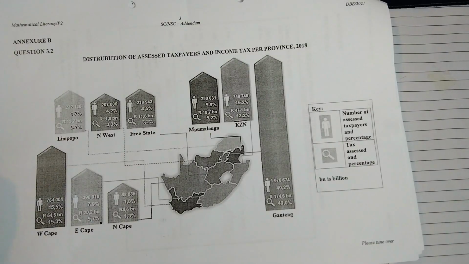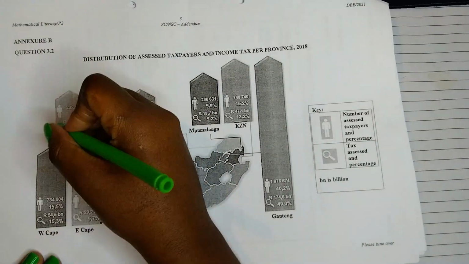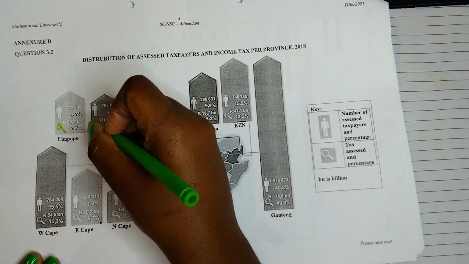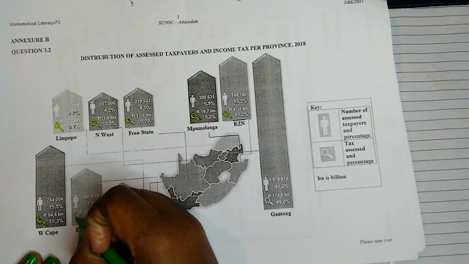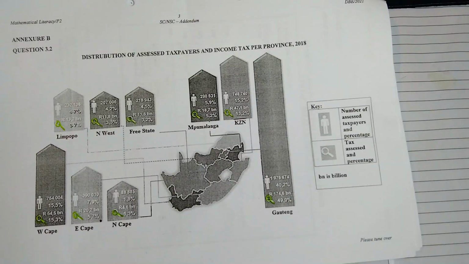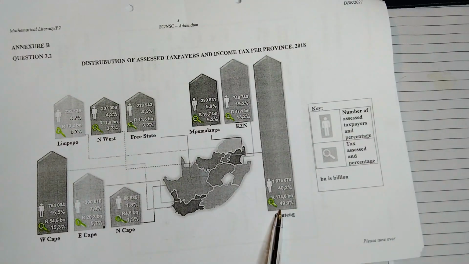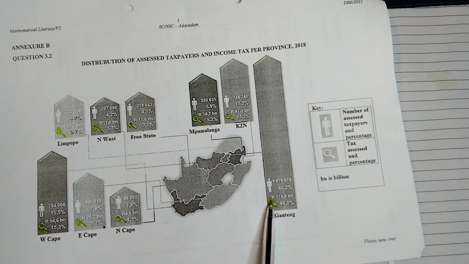Okay, so which data value is the biggest when we look at our search key? When you focus on the information that deals with our search key, which we have highlighted in green, which value is the biggest? I'm going to look at the percentage, because the tax assessed in rand is basically giving us that percentage of the rand value.